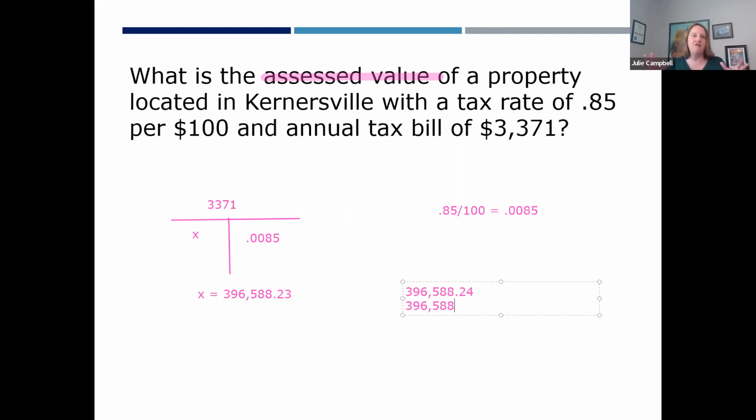So if you're off by a cent or two, and if the problem wants you to round, it'll ask you. My calculator just stopped at 2.3. So we took 3,371 divided by 0.0085, and I got my assessed value.